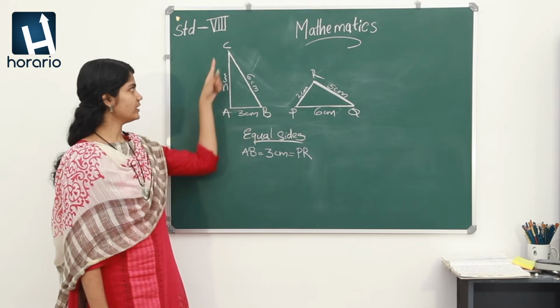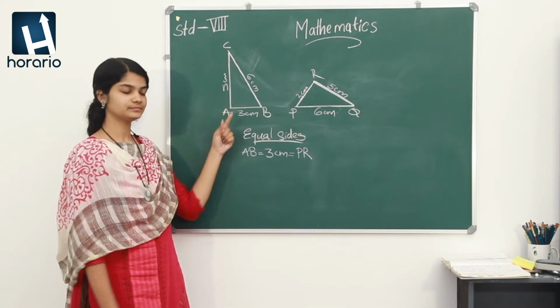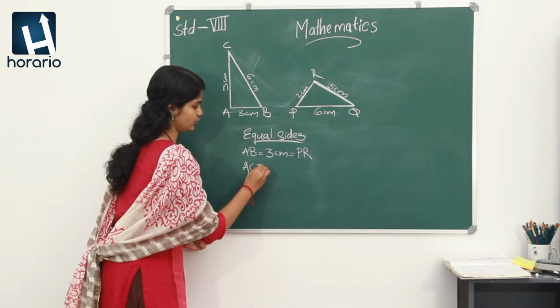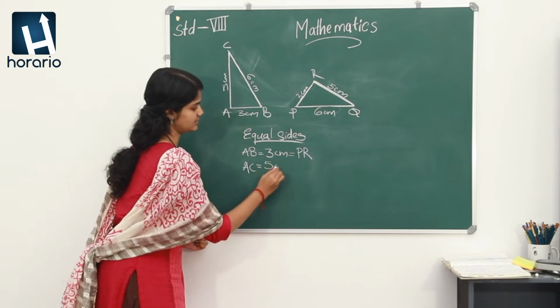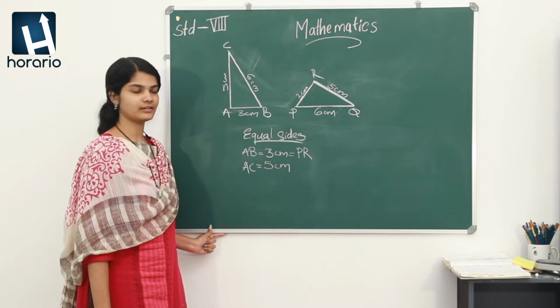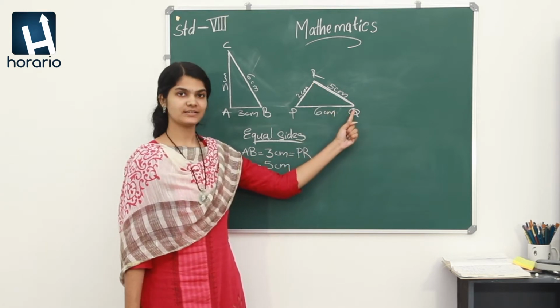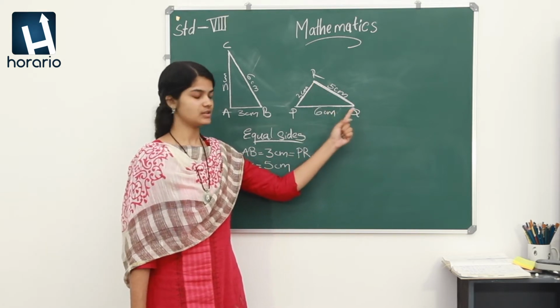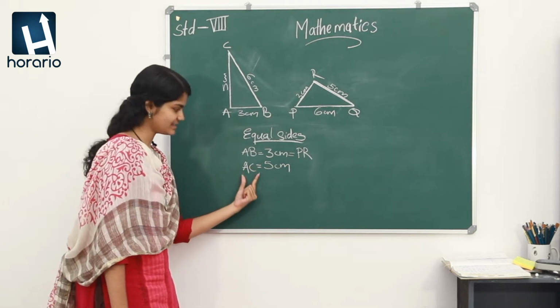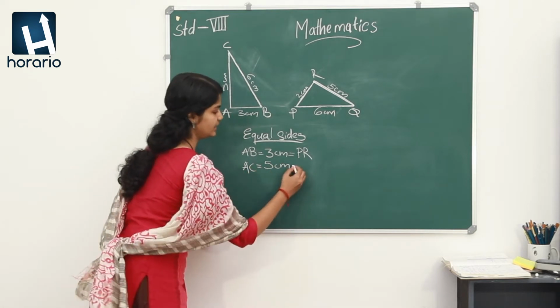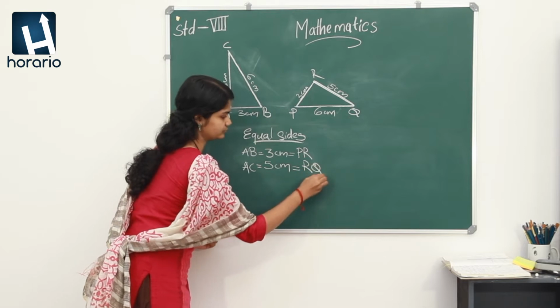Now, let's move on. What is AC here? AC equal to 5 centimeter. Okay. In this triangle, we can see RQ as 5 centimeter. So, I can write AC equal to 5 centimeter equal to RQ.